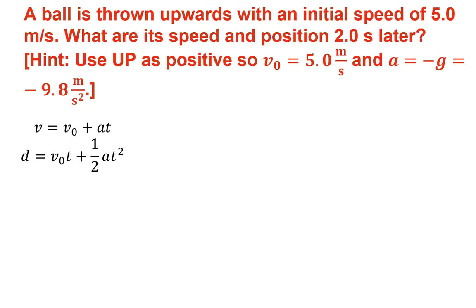Oh, okay. And then multiply it by 2, because the time is 2 seconds. So 9.8 times 2 is 19.6. I've done that calculation a lot of times, trust me. So you have 5 minus 19.6.